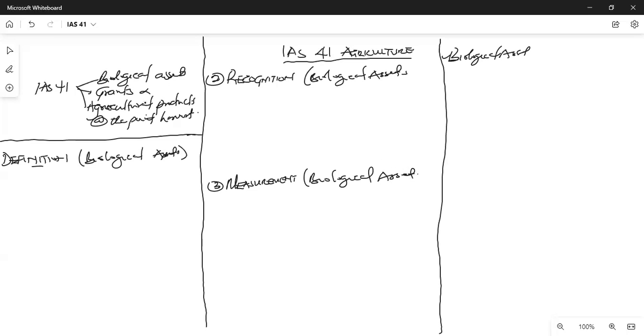Okay, grant has been dealt with, and when we are through this one, then we will now come to the agricultural produce. All right. So what is a biological asset? What you are supposed to know is that a biological asset is a living animal or plant.